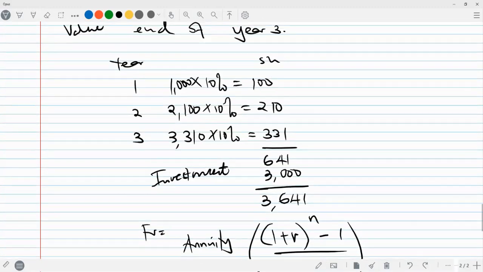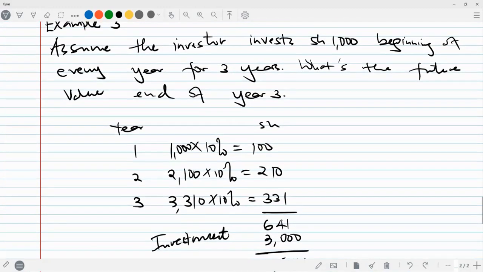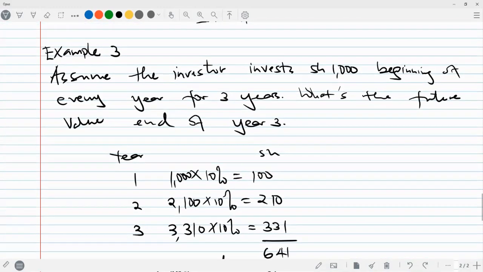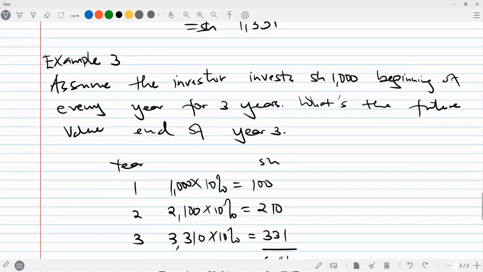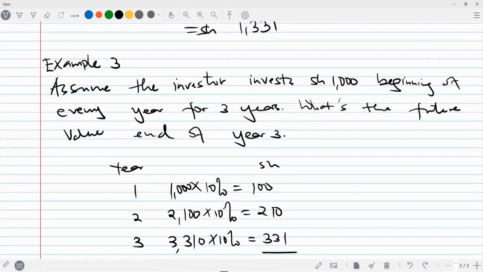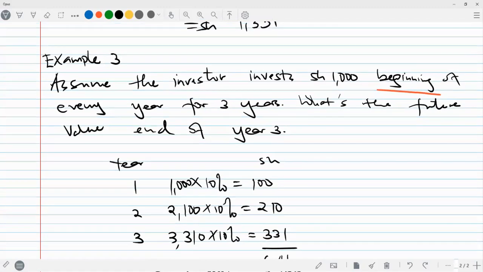Now the concept which you want us to introduce: since you are investing at the beginning of the year, when it comes to application of the formula, you need to take that note in your analysis. The cash flows are not occurring in arrears, but they're occurring at the beginning of the time period.